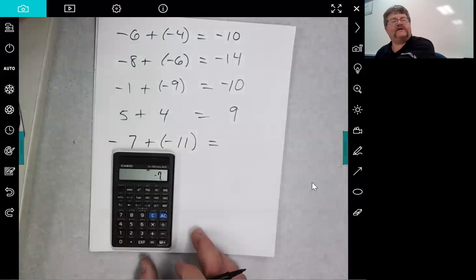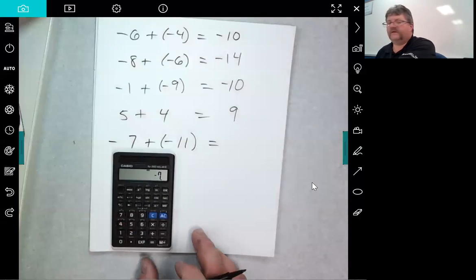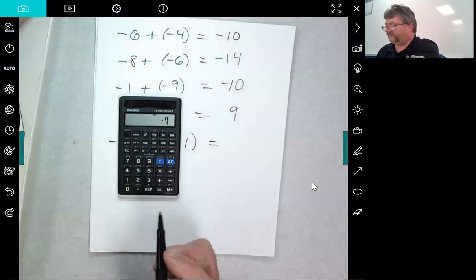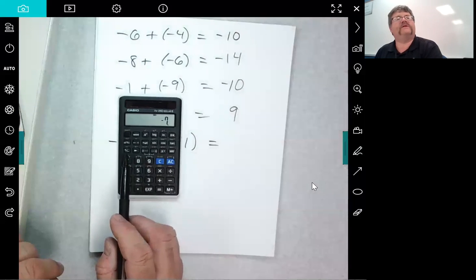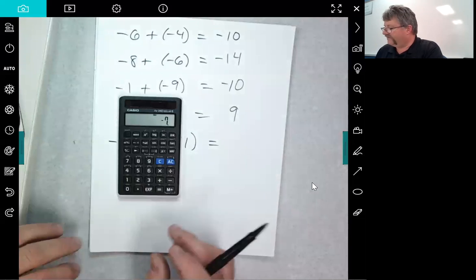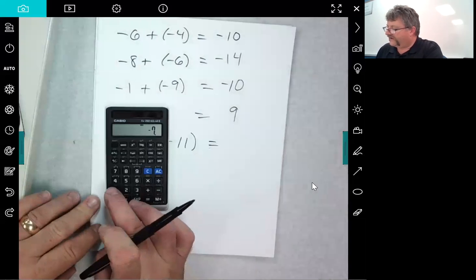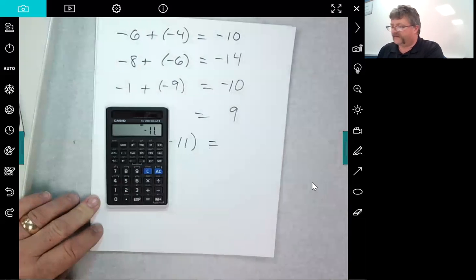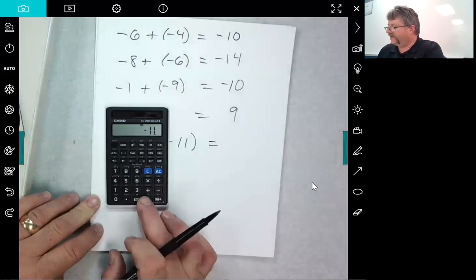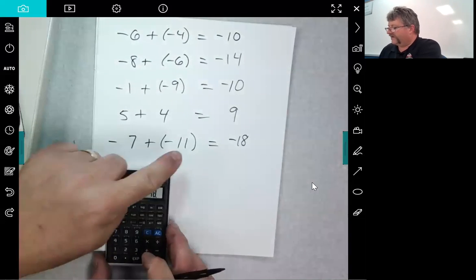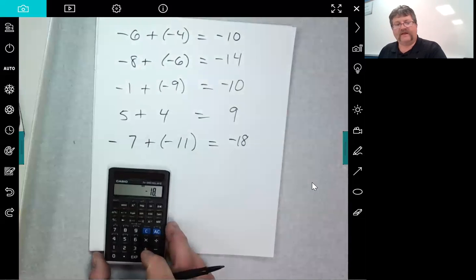Can you see that okay? I have a light, but the light seems to cause more glare than anything. So this button here is a plus minus button. So 7 negative, plus 11, but then make it a negative by hitting that button, equals -18. Add the two numbers, 7 and 11 is 18. Keep it negative because they were both negative from the start.